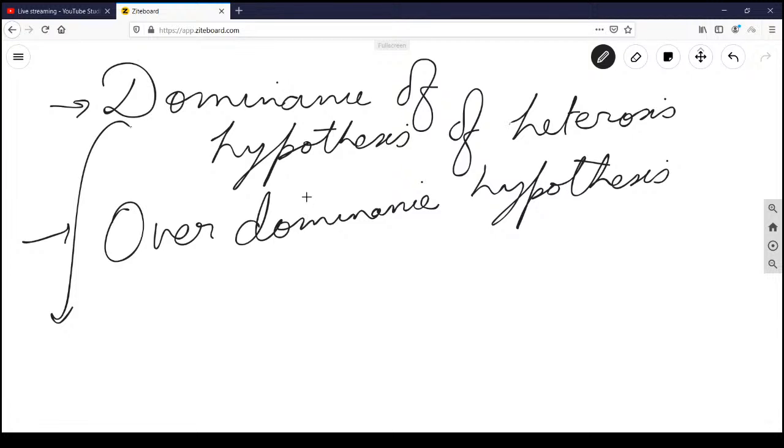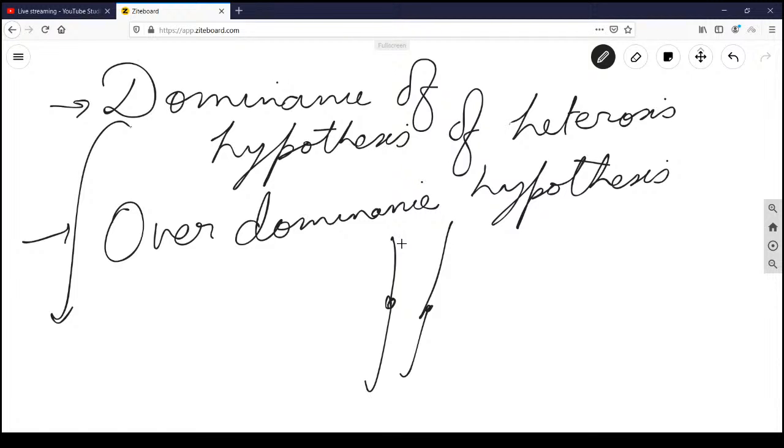Whereas in the over dominance hypothesis, there is a physiological stimulus to the development that increases with the diversity of the uniting gametes. It is known as single gene heterosis also. Two alleles got included here, and because of the inclusion it became over dominant, or you can say super dominant, after the inclusion of both different alleles from different lines together.